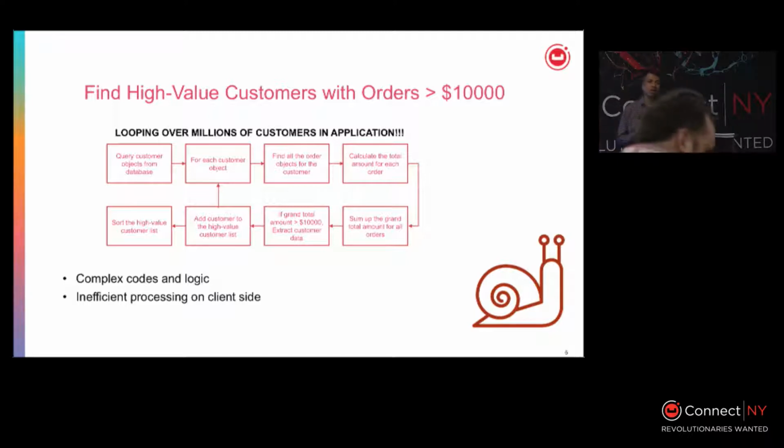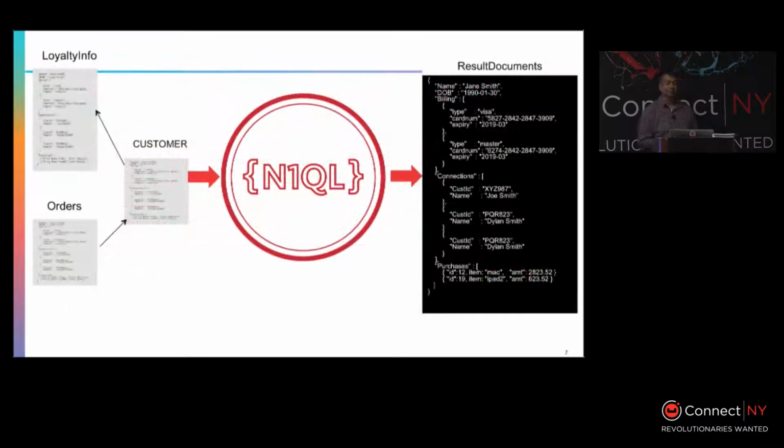You have to fetch all the documents, find the orders, group the orders by customer, add them up, and implement all the group by and aggregation logic yourself before you finally filter if the sum is greater than 10,000 and then produce the report. This requires you to write a lot of complex logic, and it's inefficient.